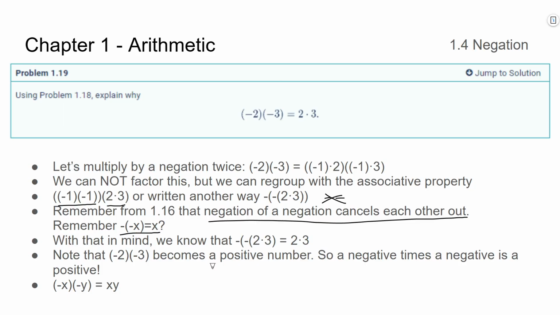And remember that negative x is the same thing as -1 times x. Negative 2 times 3 would be equal to 2 times 3, which is what we have right there. So that does become a positive number, and it's because of this whole negation of the negation right here becoming a positive. So whatever we have left over here is going to be positive because we left only positive numbers here. So -x times -y is going to be xy.